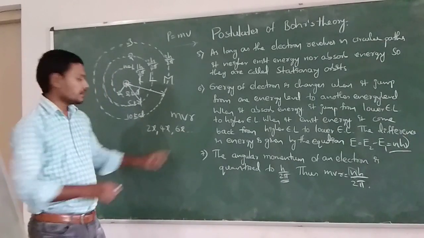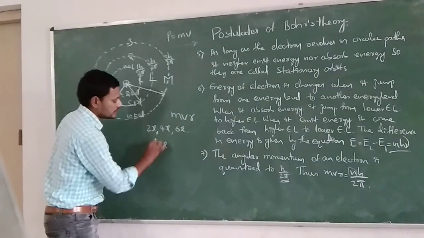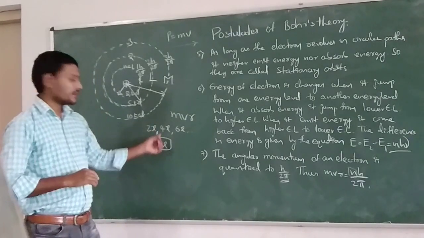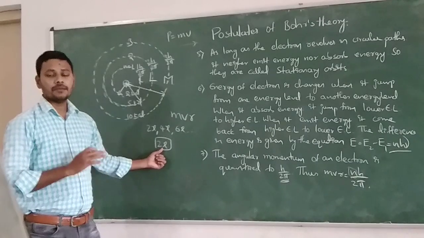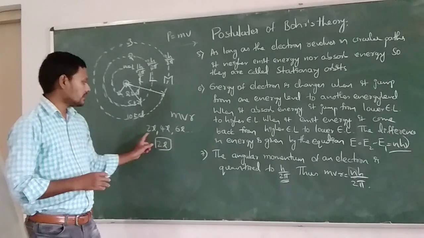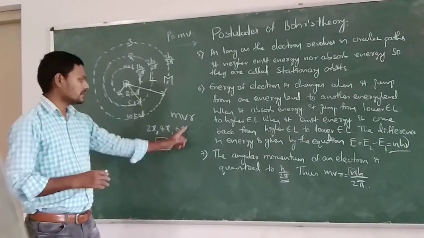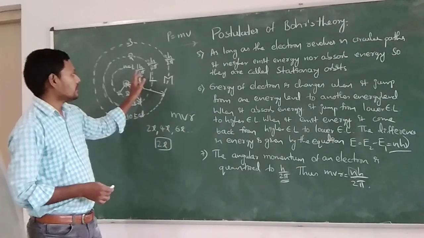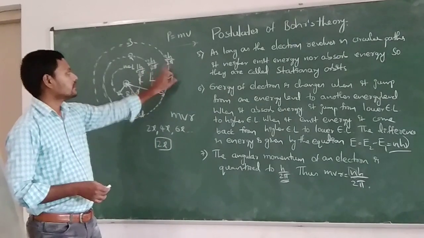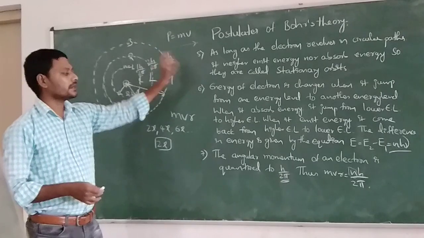Why? Because the minimum possible value is 2x, and the difference is a fixed, specific amount, 2x. That's why we say the physical quantity is quantized. Here also the difference is h by 2π, and so on.